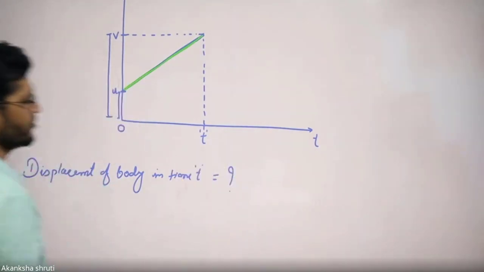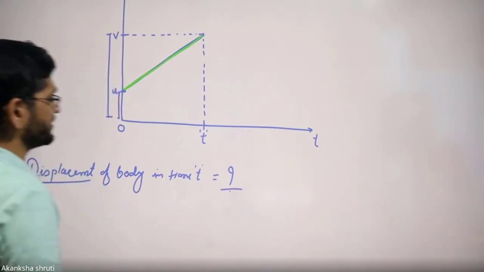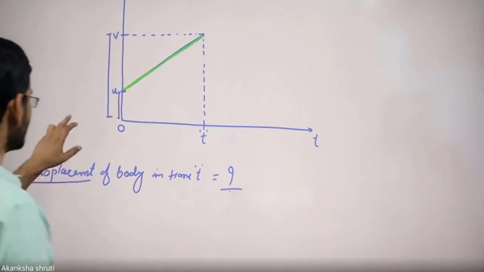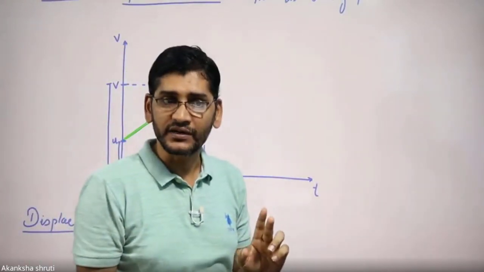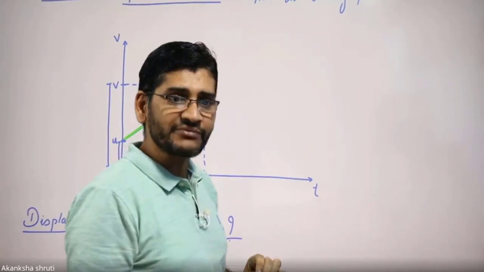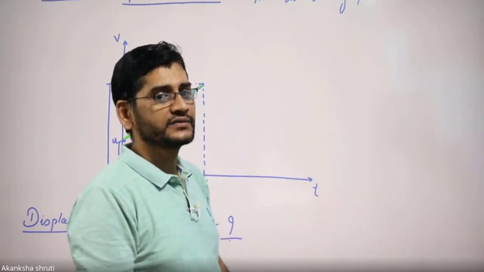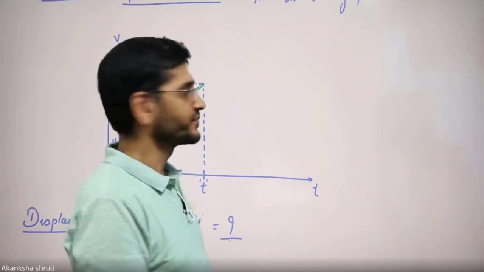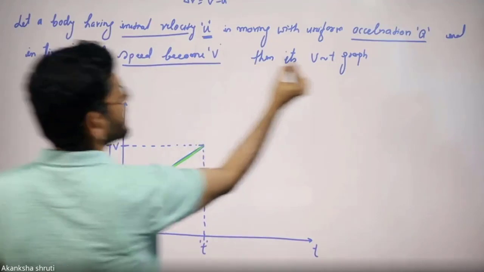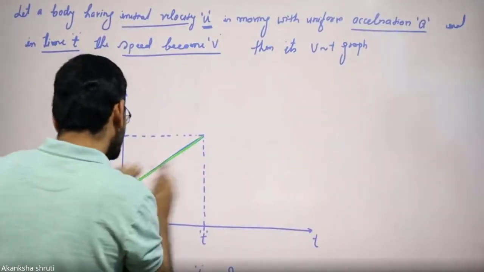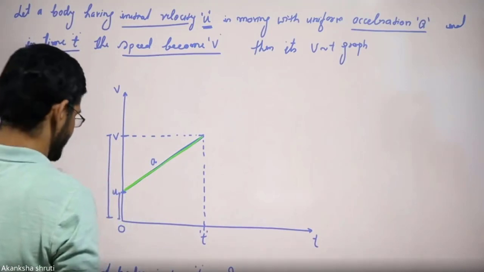Students, we have learned that from the VT graph we can calculate two things: the acceleration and also the displacement. The body is moving with uniform acceleration here. The slope is going to give us the acceleration A.